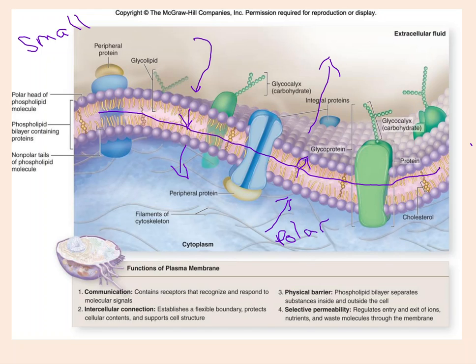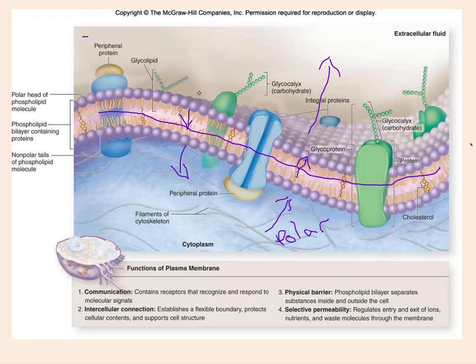So polar molecules can't easily pass through the membrane, but small nonpolar molecules will be able to pass easily or freely through the plasma membrane, right? So things like gases, for instance, will be able to freely pass through the plasma membrane. So oxygen, carbon dioxide, and other nonpolar molecules that you can think of will easily pass through as long as they're small enough.